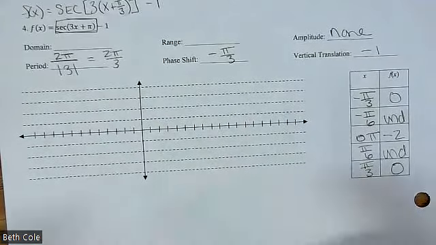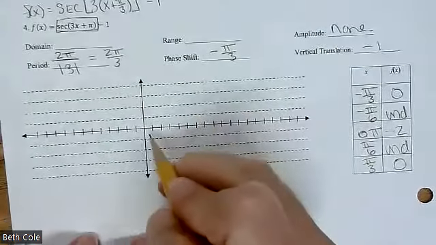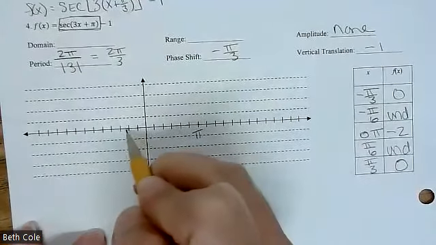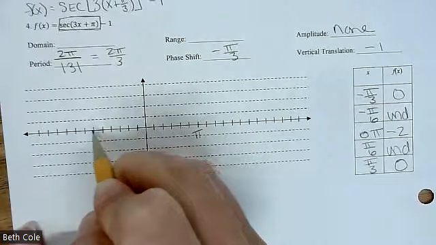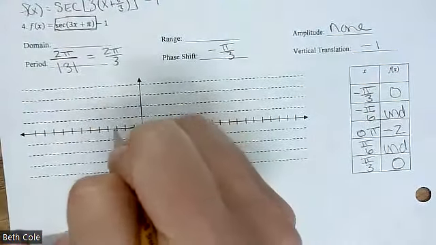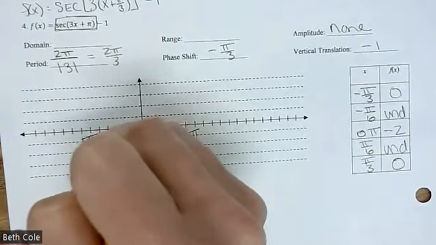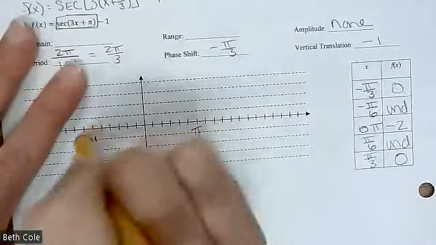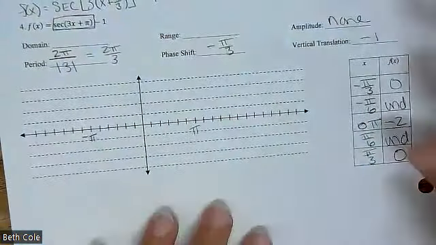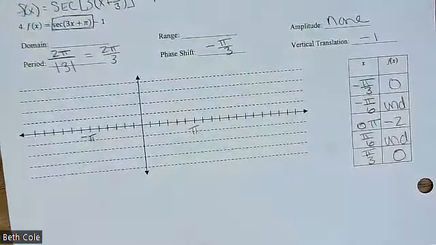Now you need to label these by 6. So just go to the 6th one and call it pi. And you can go to the negative 6th one and call it negative pi. And then you know they're each a 6th, and you don't have to label them all individually. And then we're just going to take this information and put it on the grid.